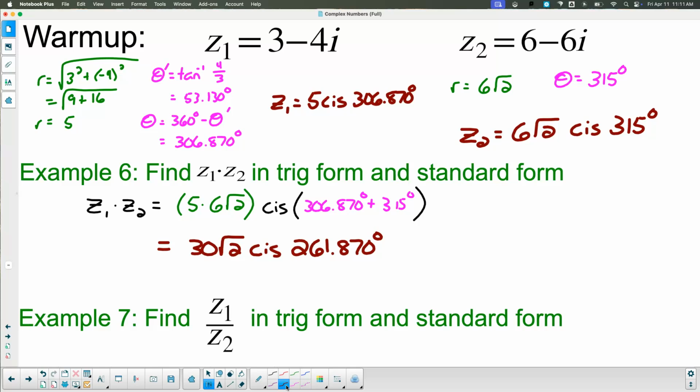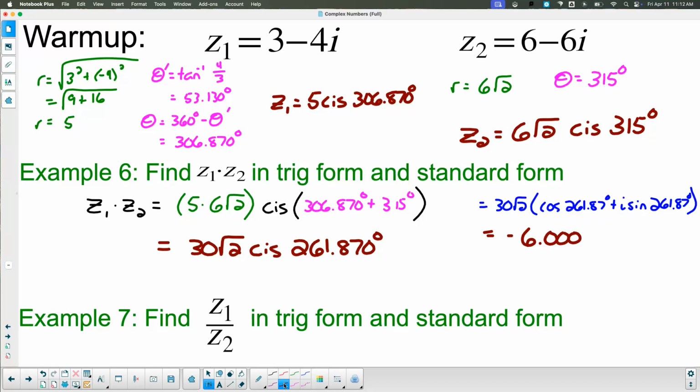So then 30 square roots of 2 times the cosine of 261.87 is going to be negative 6.000.